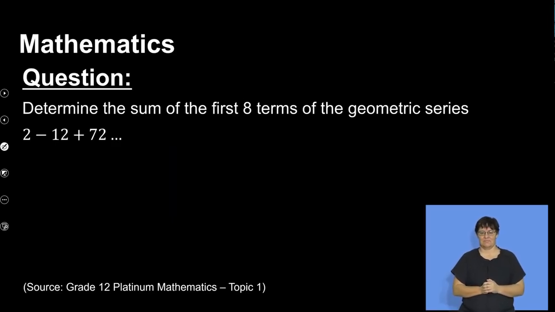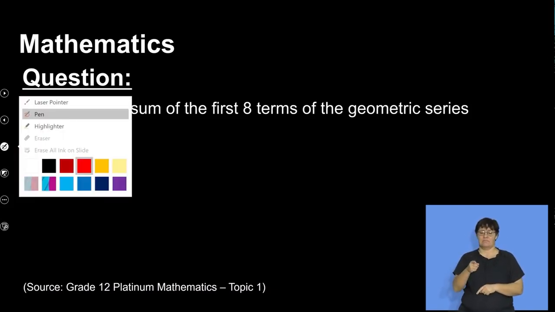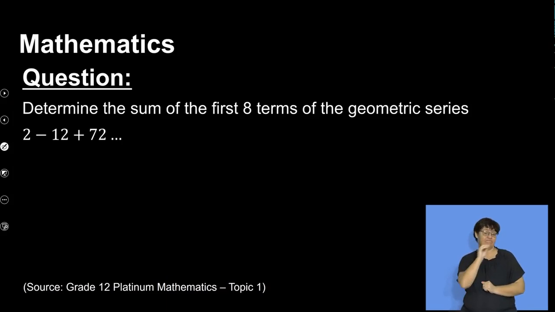So, the question is asking me to determine the sum of the first 8 terms of the geometric series. Please just take note of a few things. If I see the word sum, I know that it is definitely going to be a series. This is not asking me information about Tn, which we use when we are purely working with it in the sequence form.